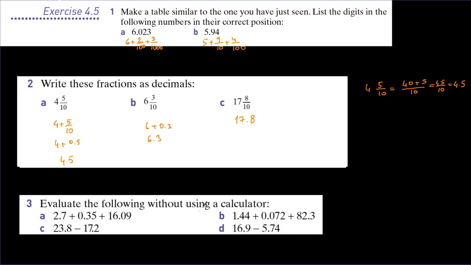Okay, evaluate the following without using a calculator. In the exam, we are not going to use a calculator, so this is going to be the same for all of us. For all the questions, we are not going to use a calculator. Let me continue firstly with 2.7 and 0.35 and 16.09, I'm sorry.